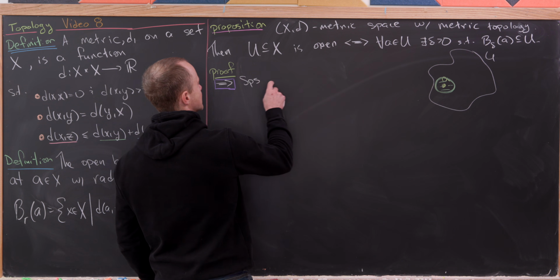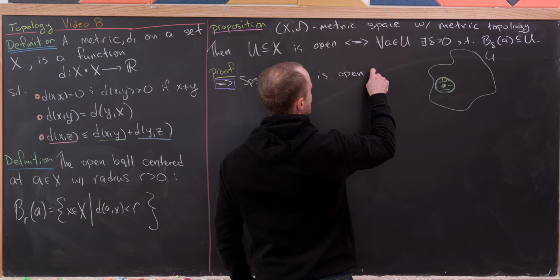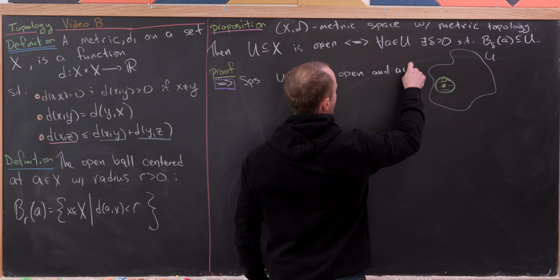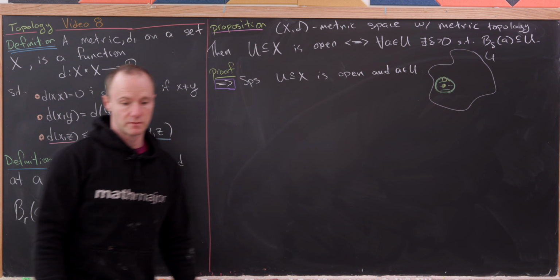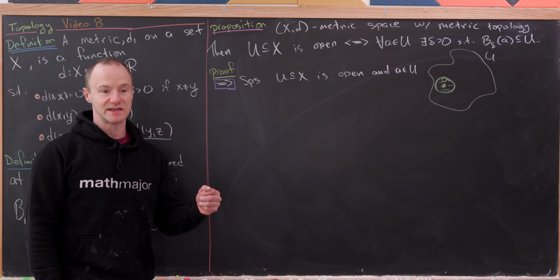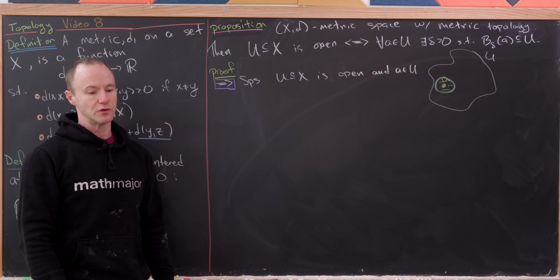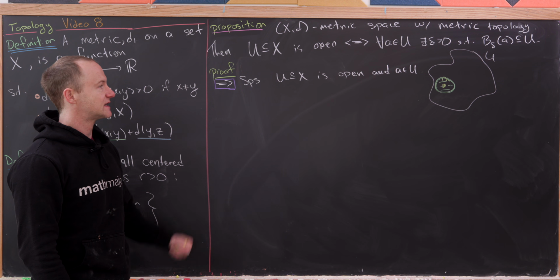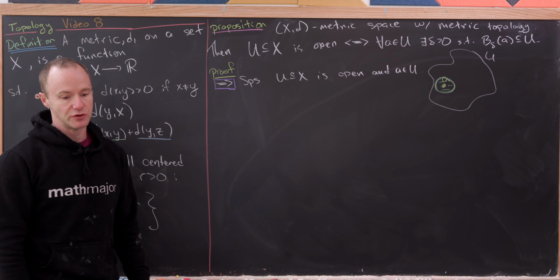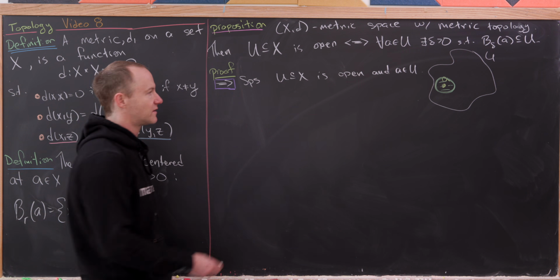So let's start by supposing that U is open, and let's say that we've got a point A inside of U. But now, since open balls form a basis, then that means that there is a basis ball, if you will, that is containing A inside of U. But that basis ball may not be centered at A. That's the important thing.